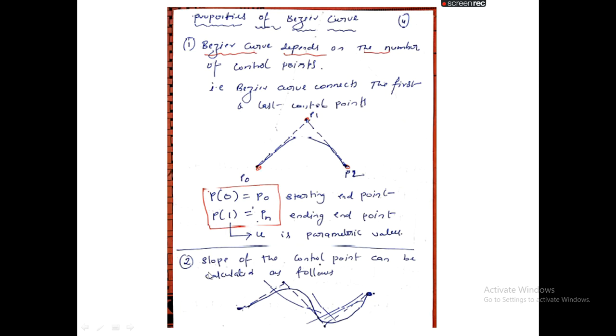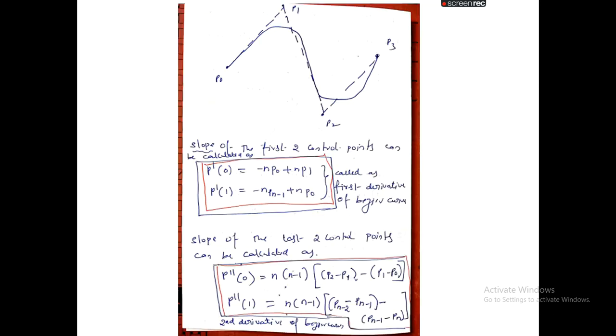The second property of the Bezier curve says that slope of the control point can be calculated as follows. Whenever we are creating any curve, we are supposed to calculate the slope of that particular curve.